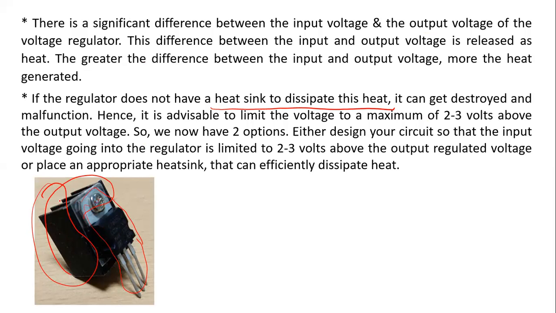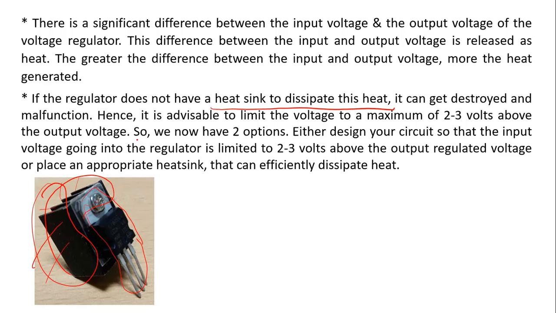So whatever excess voltage will be converted into heat, when this IC7805 is in contact with this metal, it will conduct heat directly to this metal surface, and from this metal surface, which has a large surface here, it will radiate out the heat.